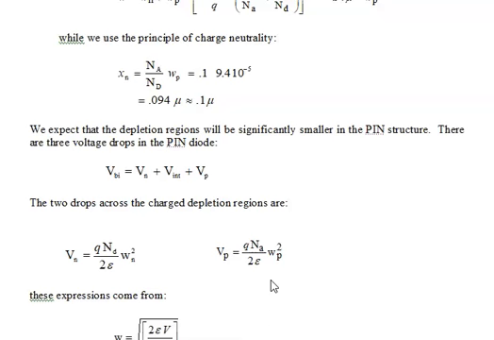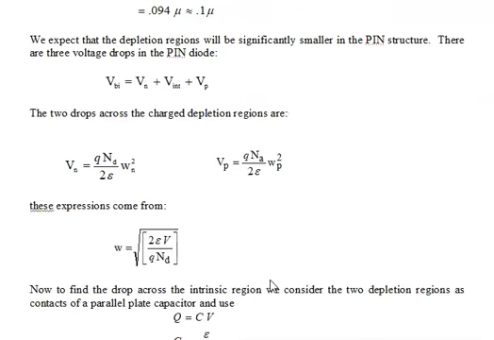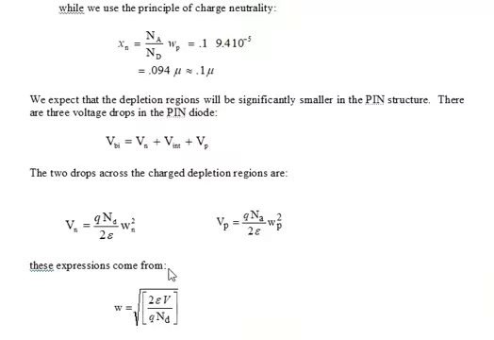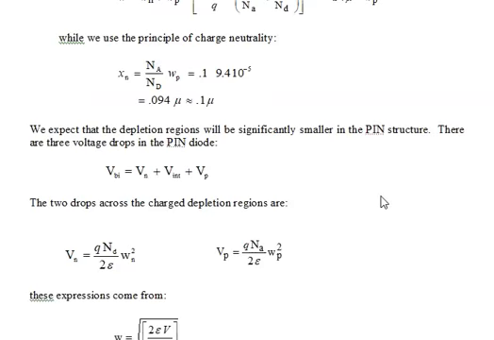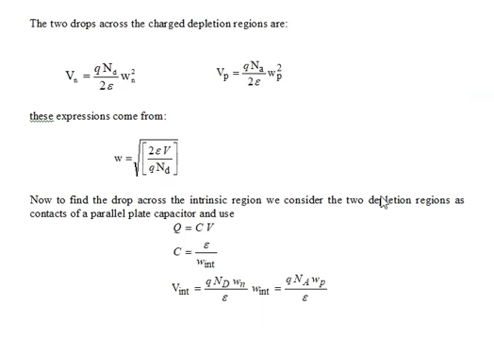Well, let's see. Okay, so this equation comes from our standard equation, which is basically this equation right here. Okay, so let's take a look at this again. If you take a look at these equations, this is for the PIN, not for the PN.